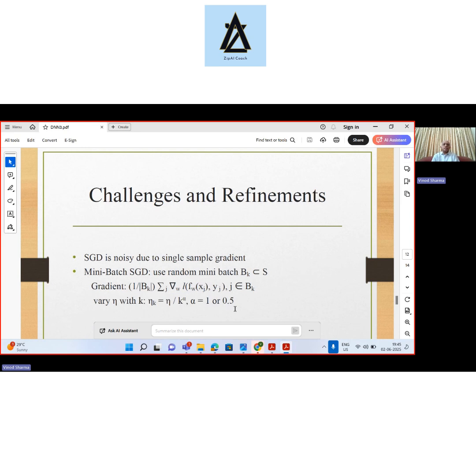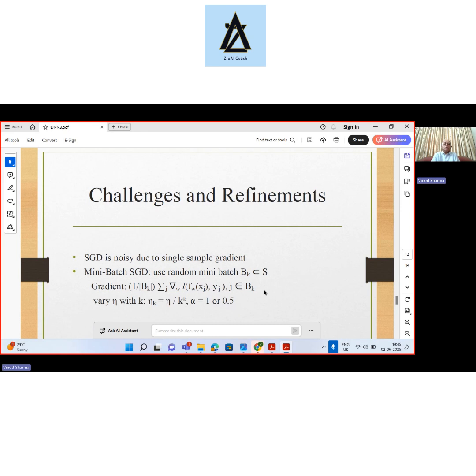That means as k increases, as the algorithm is developing, the constant eta is being decreased. So this is called the mini batch stochastic gradient descent algorithm. And in practice, it works better than stochastic gradient descent because, as we said, stochastic gradient descent in general may not actually converge. It's just too noisy.